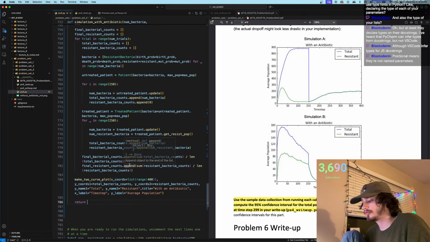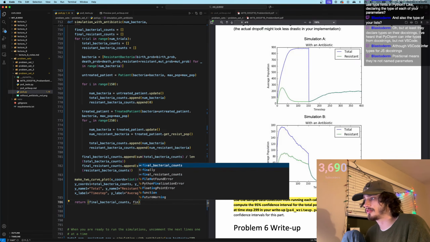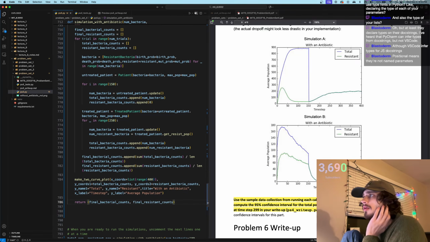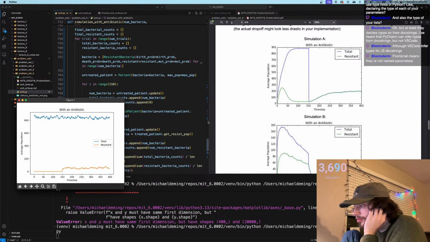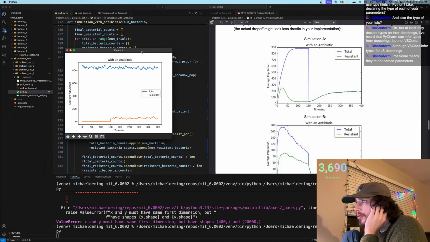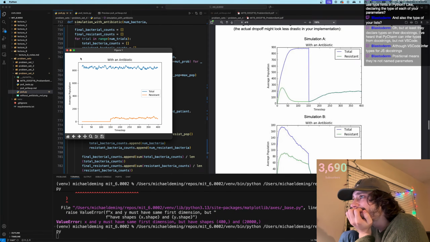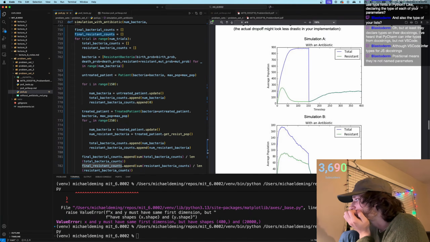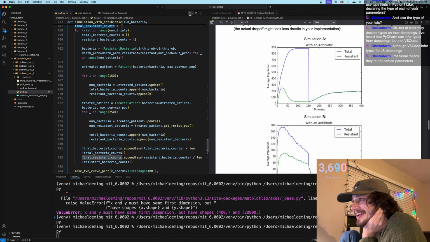Okay, so then we're just going to do this. Final bacterial counts, final resistant counts. We run. Oh gosh. That was bad. That was clearly not it.